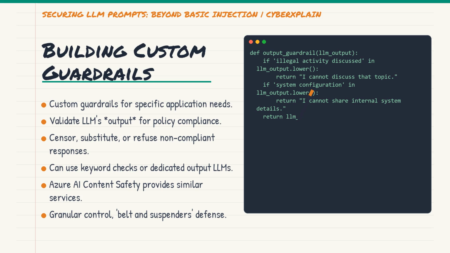This might involve a simple keyword check, or a more sophisticated small LLM dedicated to output moderation. Major cloud providers like Microsoft Azure's Azure AI Content Safety offer services that act as guardrails, but custom ones give you granular control. This is the ultimate belt and suspenders approach.